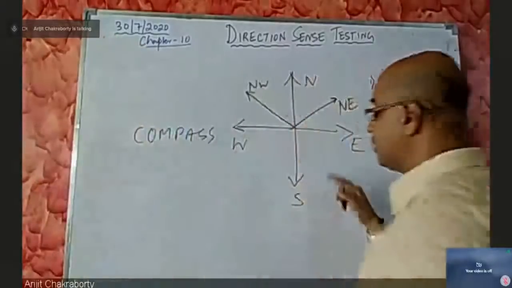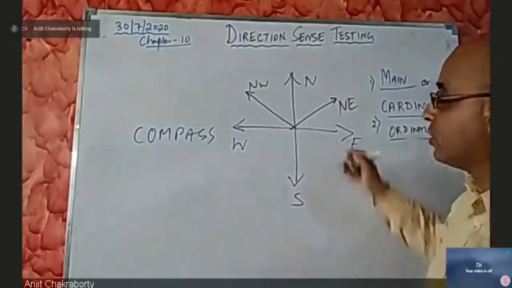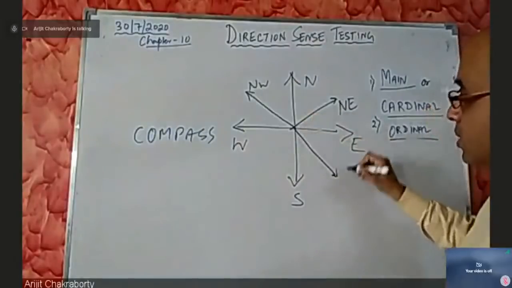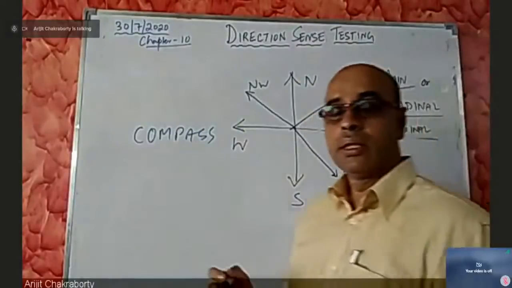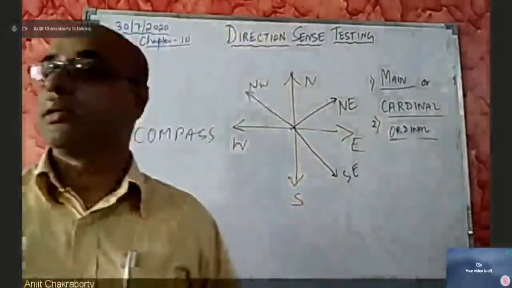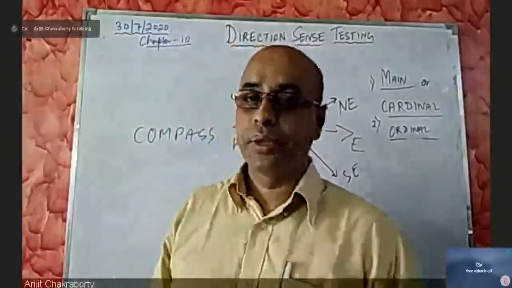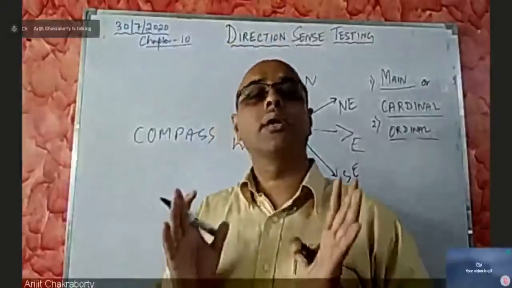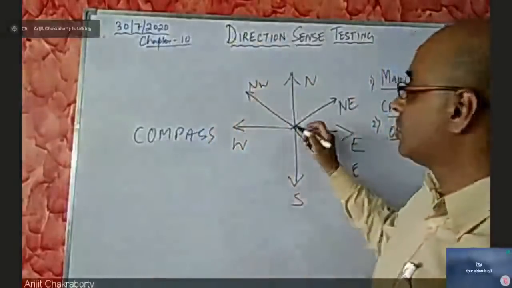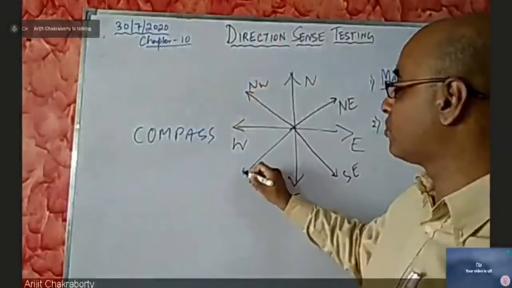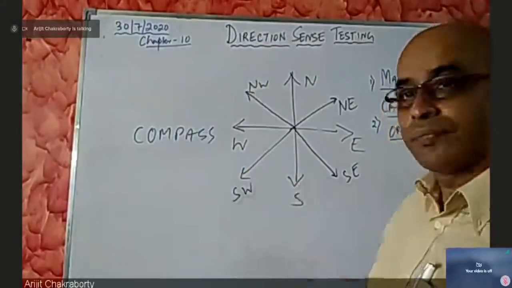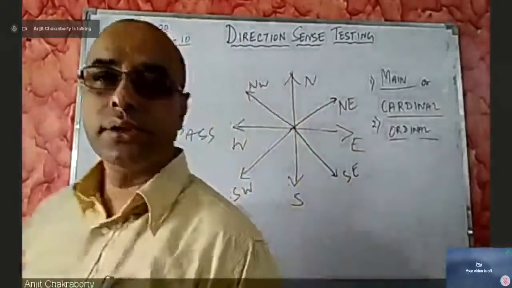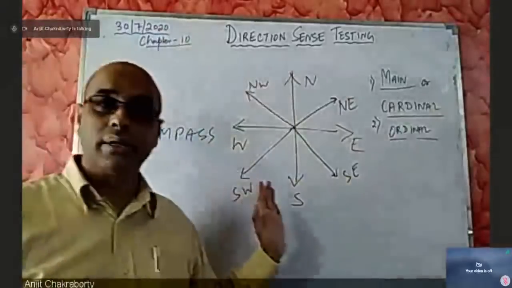Similarly, when we come between south and east, you have southeast. So southeast is an ordinal direction, or you can call it intercardinal direction. Plus, when you come to this side, you have southwest. So these are the ordinal directions.